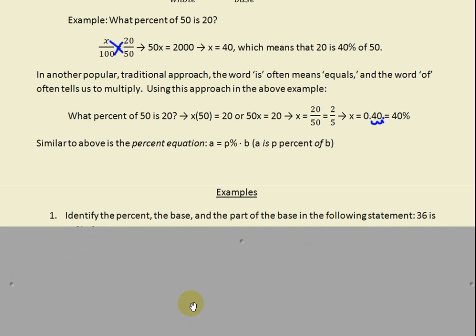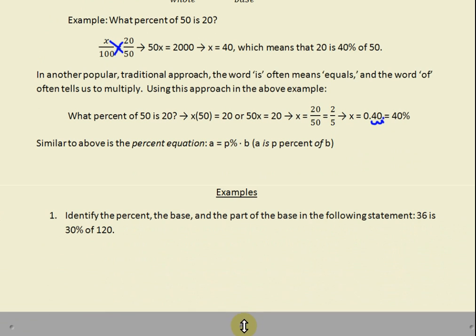So let's look at some examples. First of all, just some terms. Identify the percent, the base, and the part of the base in the following statement. 36 is 30% of 120. So the percent, in this case, appears right next to our percent sign. Imagine that. So it's 30.